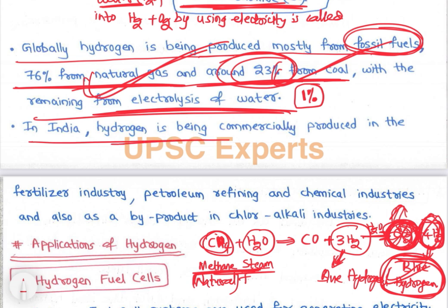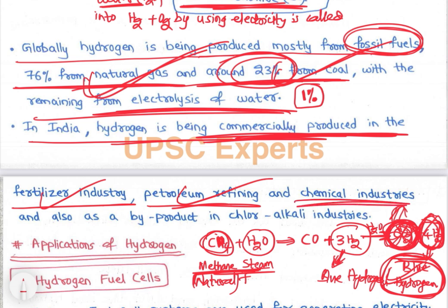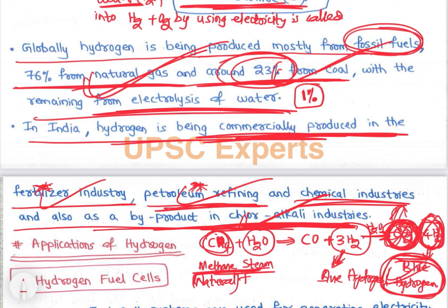In India, hydrogen is being commercially produced in the fertilizer industry, petroleum refining, and chemical industry, and also as a byproduct of the chlor-alkali industry. These things we need to remember.